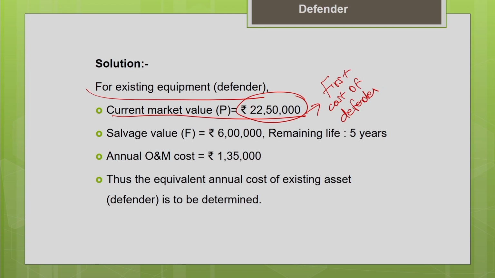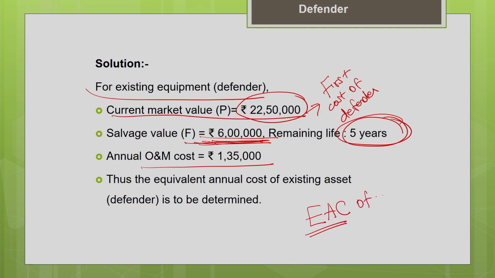Now, the final estimate of salvage value, the recent estimate, is 6 lakh, that you have to consider. After the remaining life of 5 years, the salvage value is going to be 6 lakh. The remaining life is 5 years according to the recent estimate. The annual operating and maintenance cost is 1,35,000.